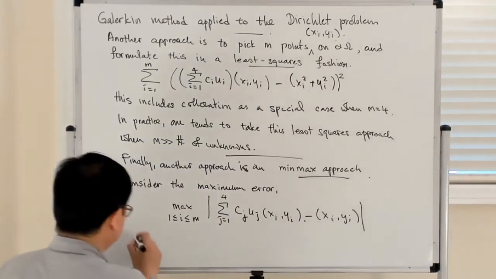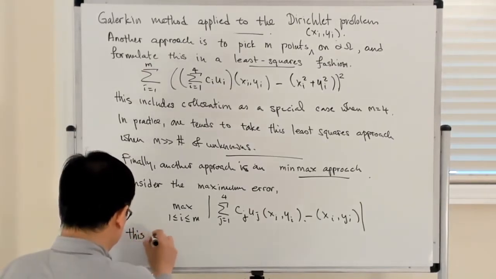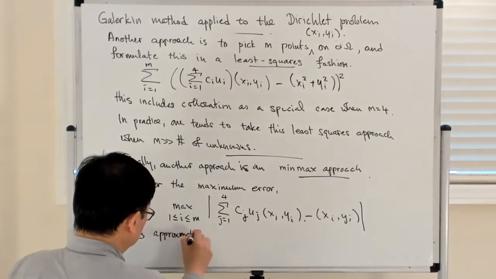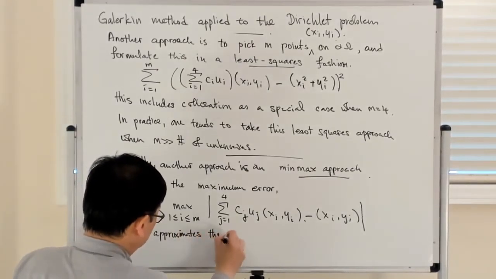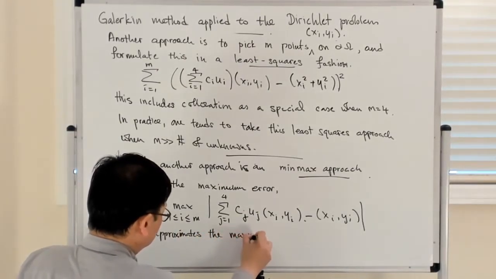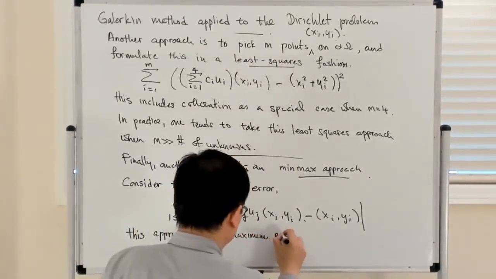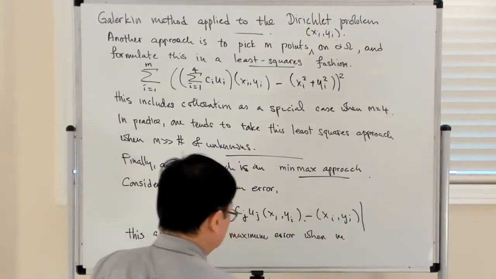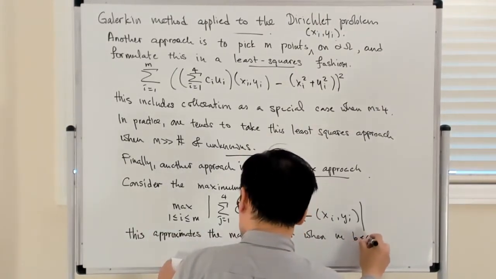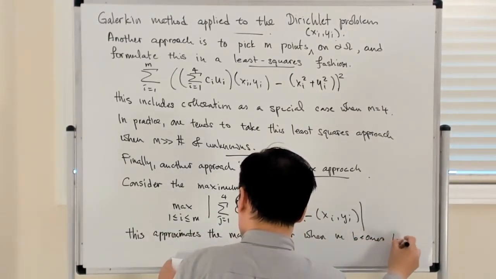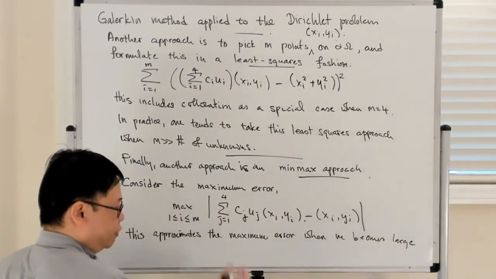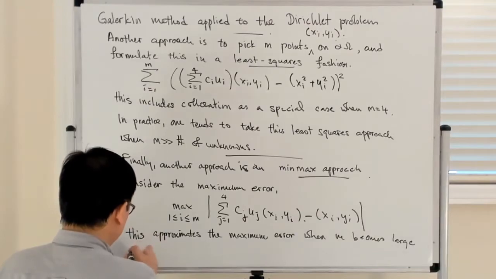So this approximates the maximum error when m becomes large, and of course if the points are spread out.